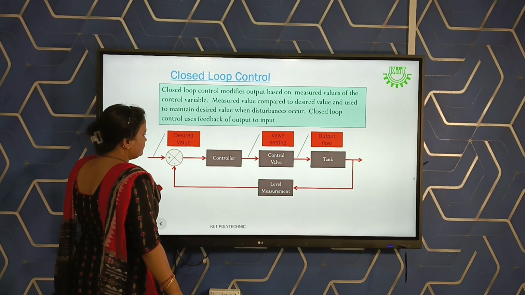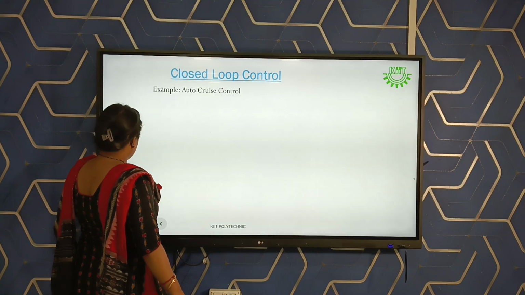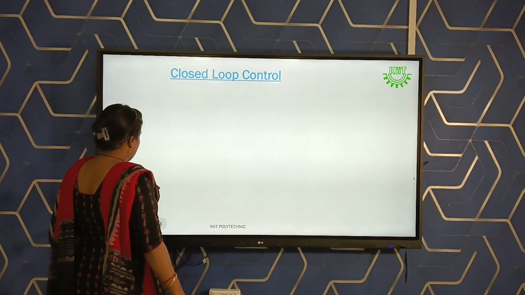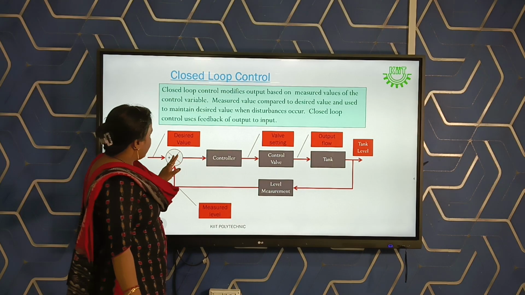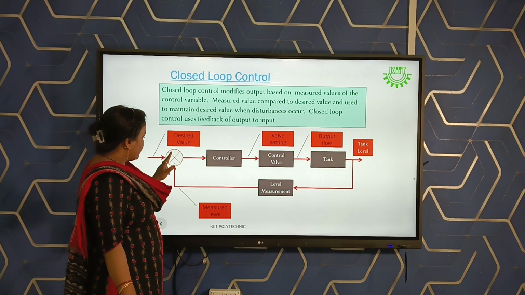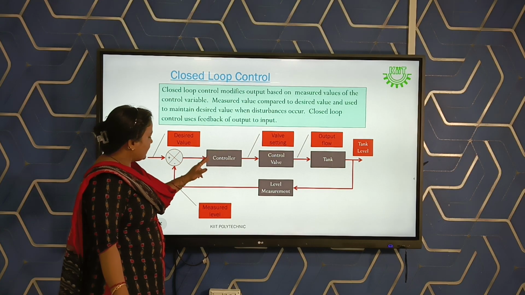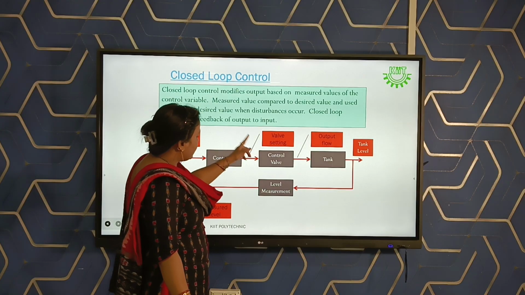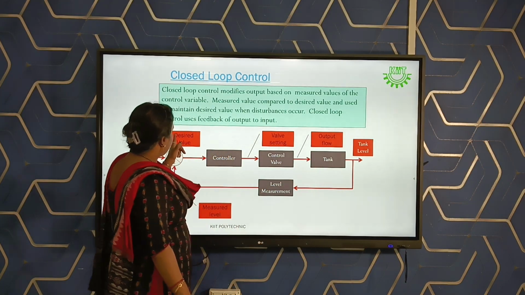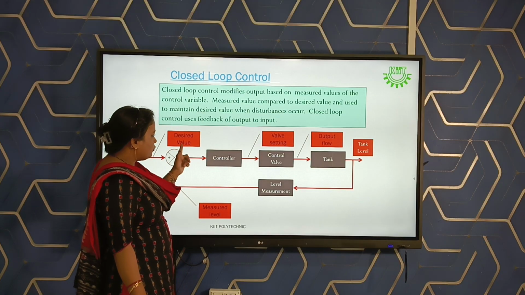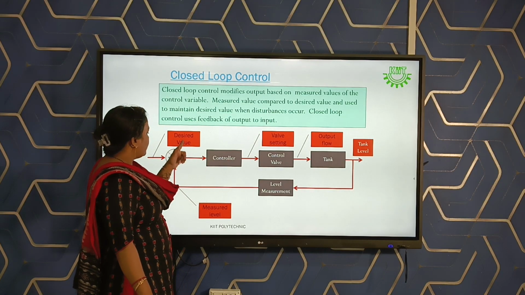We can see here, we have the reference values or setting points. Then it is connected to the controller. Then it comes to the control valve and tank. Each point decides the value of setting, output flow or desired value.